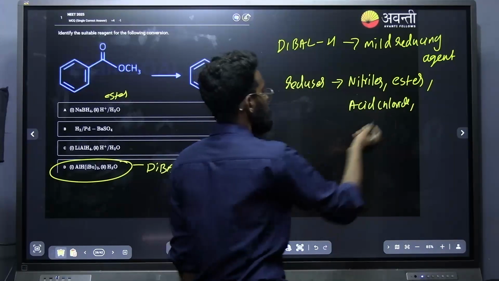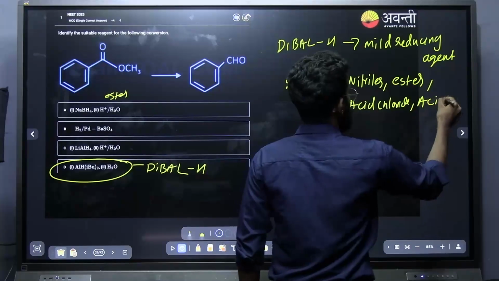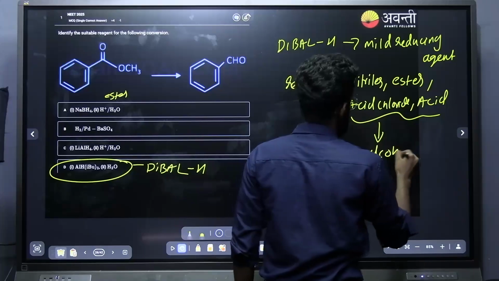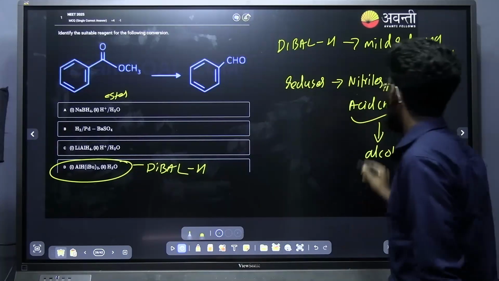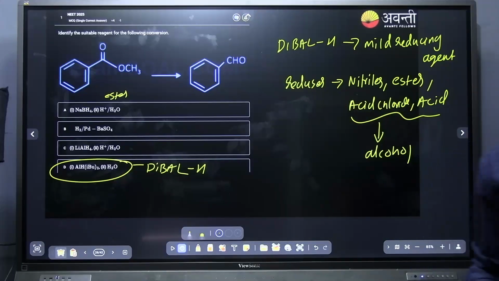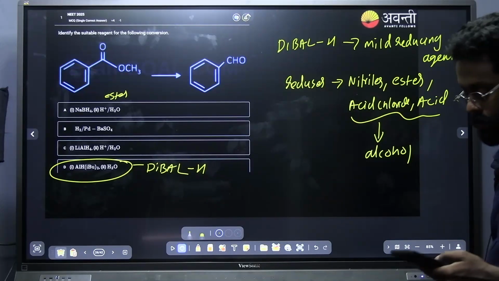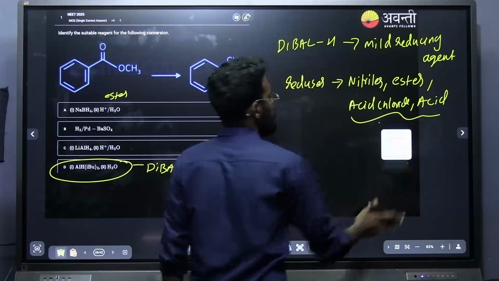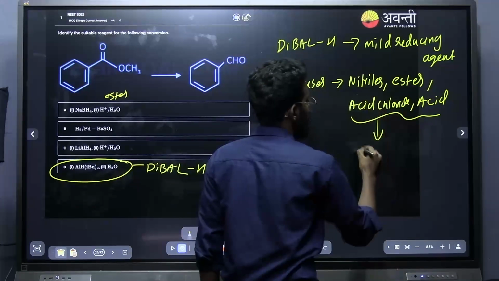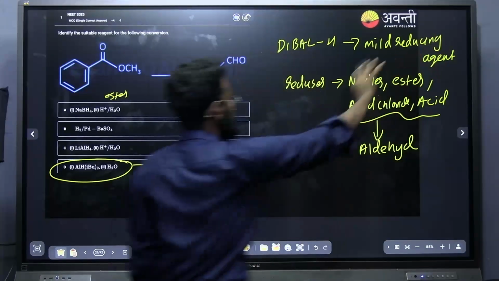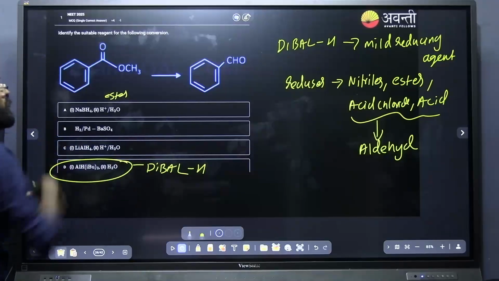All these compounds will be reduced to... Sorry, it is a mild reducing agent. So it will be reducing everything to aldehyde only. It is a mild reducing agent, so it reduces the compounds to aldehyde.